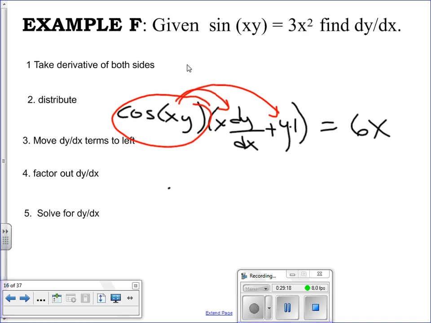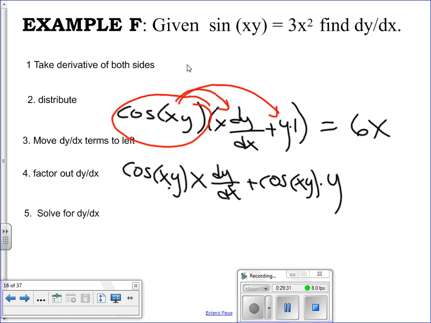So if we distribute the cosine xy, we have cosine xy times x dy dx plus cosine of xy times y equals 6x. You're distributing a times b plus c. Now you can move things by adding or subtracting. You just have to do multiplication first with PEMDAS.